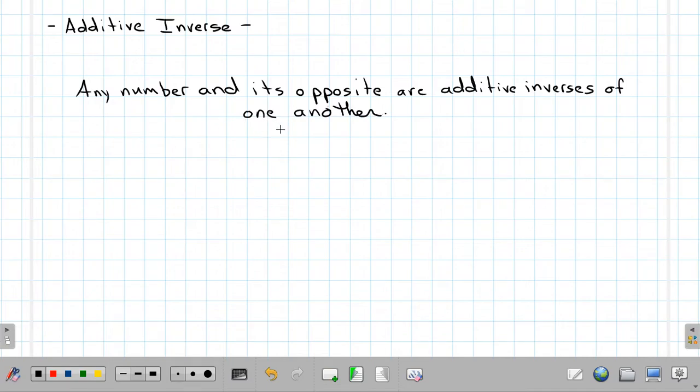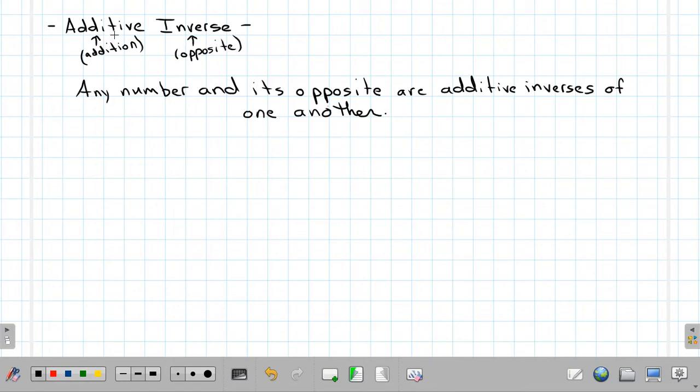Once again, in words, that's using the term in the definition. But let's look at the words we're using here. Additive, we know, means the operation is going to be addition. And in inverse, we can see we have a number and its opposite. So you can think of the word inverse as meaning opposite.